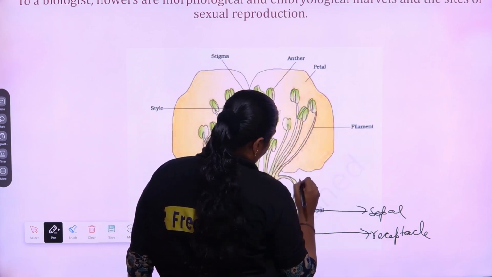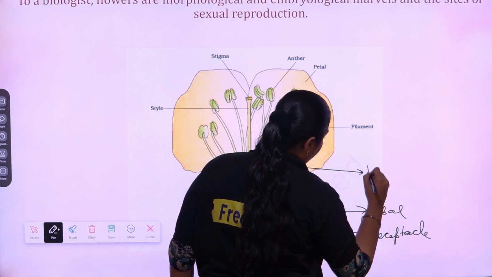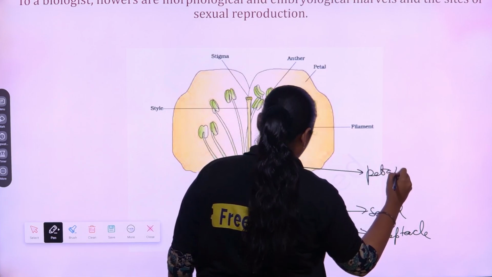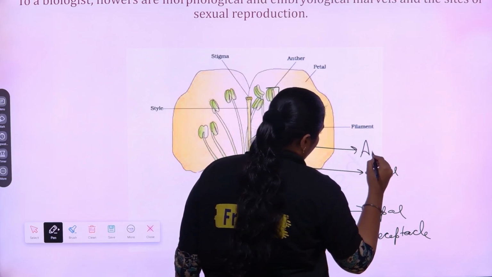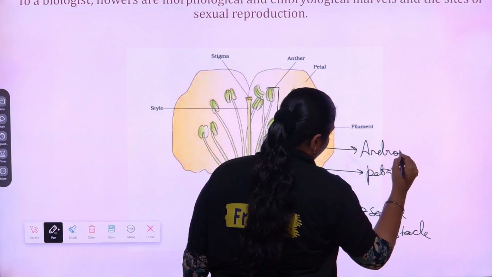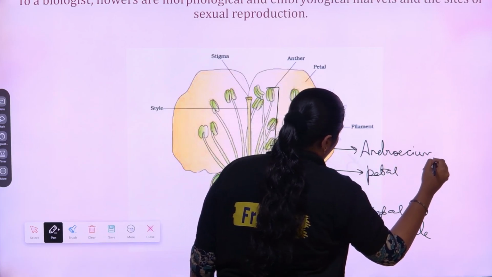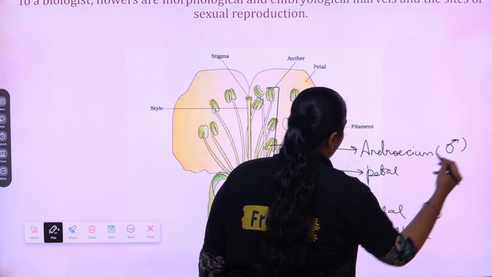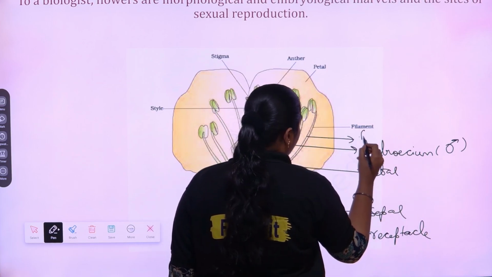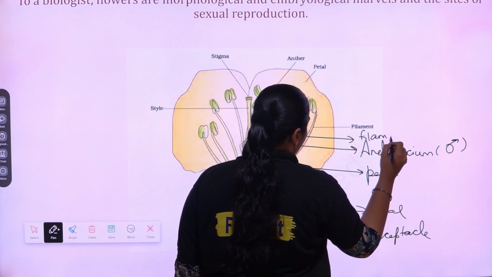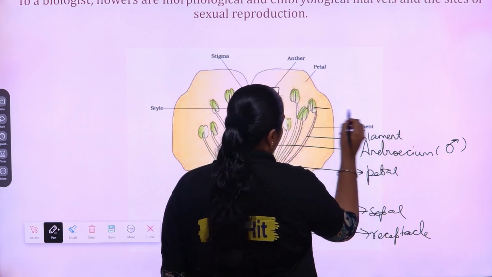Then we have petal, and this complete structure we call androecium. Androecium is the male reproductive part. Androecium has two parts. One is filament and the other one is anther.